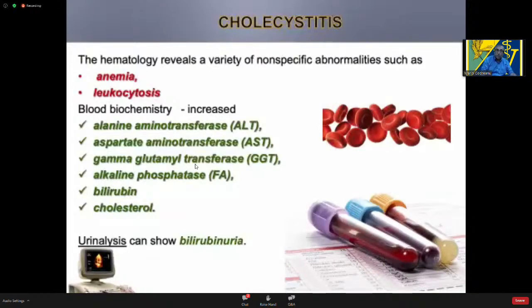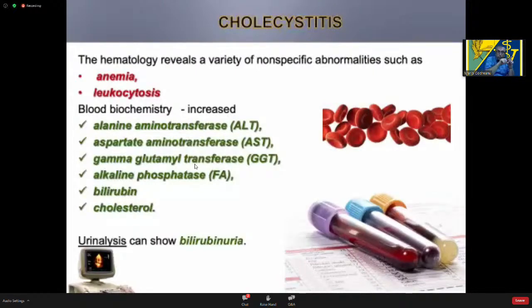We can talk here about an increased activity of alanine aminotransferase, and also all the other transaminases: aspartate aminotransferase, gamma glutamyl transferase, all of them registered to be elevated to different degrees, in addition to an increased level of alkaline phosphatase, an increased level of bilirubin up to 0.6 milligrams per deciliter, an important elevation of cholesterol over 300 milligrams, and so on.